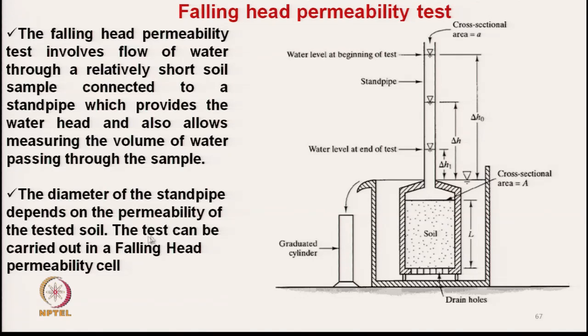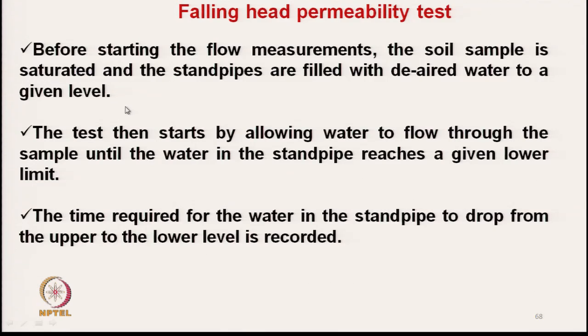The test can be carried out in a falling head permeability cell. Before starting the flow measurement, the soil sample is saturated and the standpipe is filled with deaerated water. So, saturation is required, otherwise the sample will start absorbing water and it will give the wrong result.